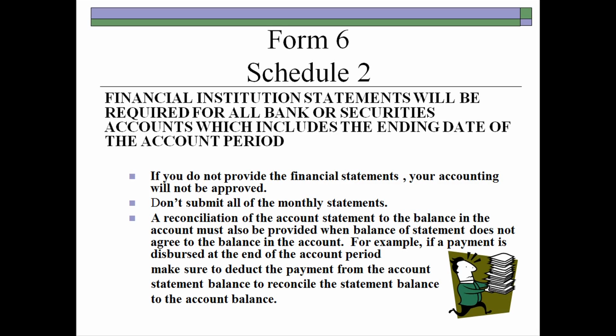With each financial account, you must submit a financial account statement that is inclusive of the account period end date that supports the ending balance you're reporting on Schedule 2, column B. These could be checking accounts, savings accounts, retirement funds, annuities, cash values of insurance policies. Anything of cash value that's in an institution must be supported by an account statement.